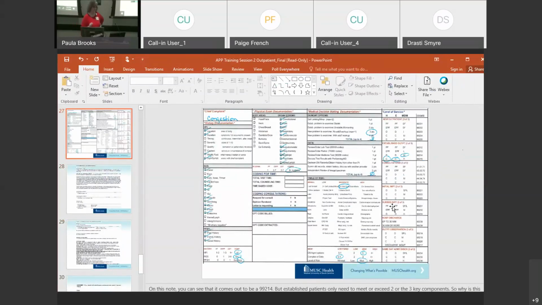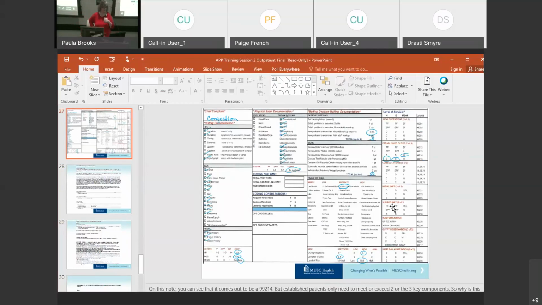Where would we put this if it had been a new patient? Yes, it would still have been a 4 because there was more than enough documentation here for that level 4 established patient. This one had a good review of systems.